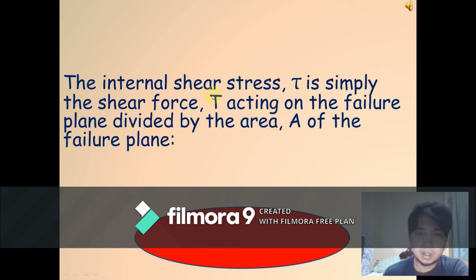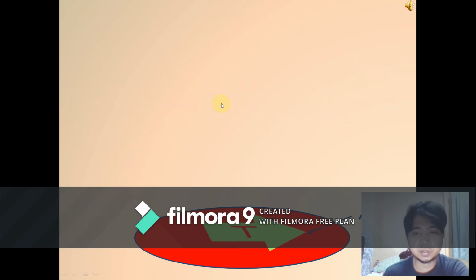By the way, T here should be V. We are going to denote our shear force as capital letter V, so that is the shear force or the tangential force acting on the area.